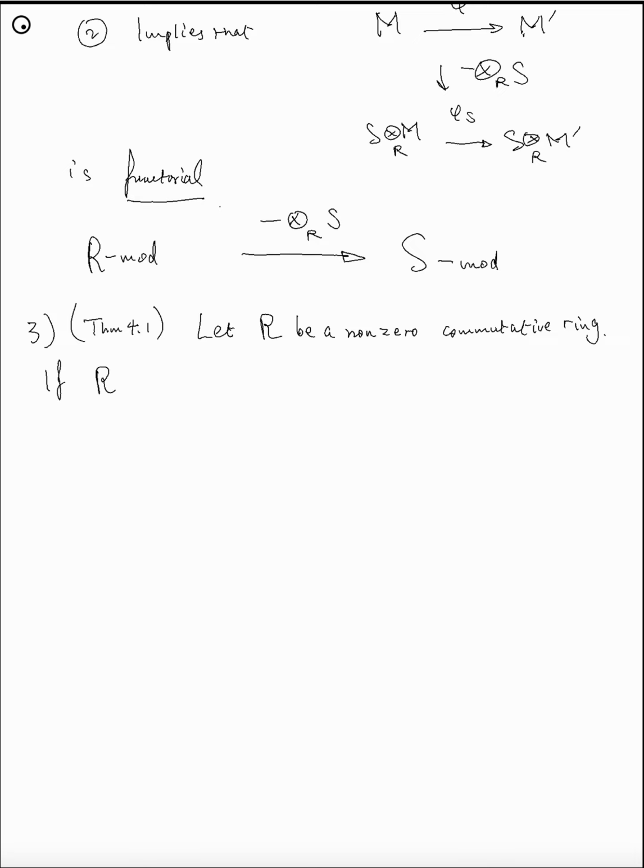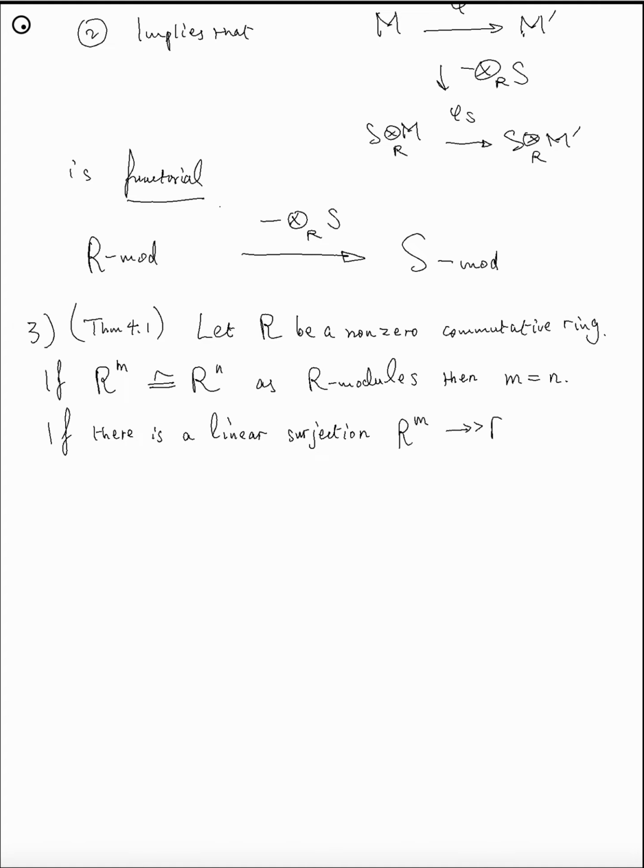If the free R modules R^m and R^n are isomorphic as R modules, then we claim m equals n. If there is a linear surjection R^m to R^n, then m is bigger or equal than n.